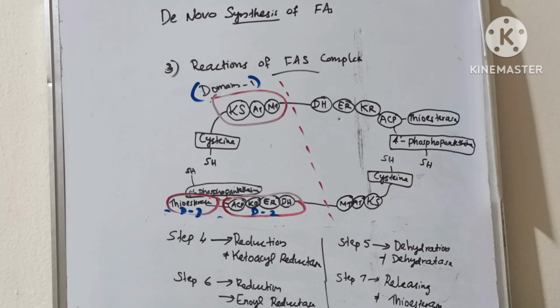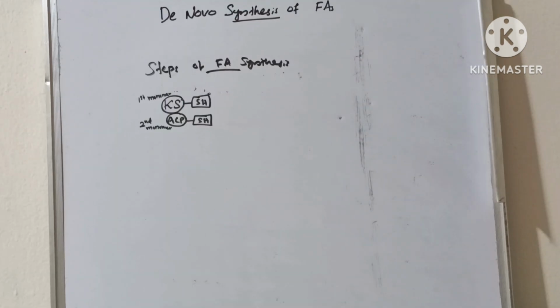Step 5 is dehydration and the enzyme is dehydratase. Step 6 is also reduction. Here the enzyme involved is enoyl reductase. So there will be repetition of steps 2 to 6, that is 6 times. Then step 7 is releasing step. Here palmitic acid is released by the action of enzyme thioesterase. So let's see the steps of fatty acid synthesis in detail.